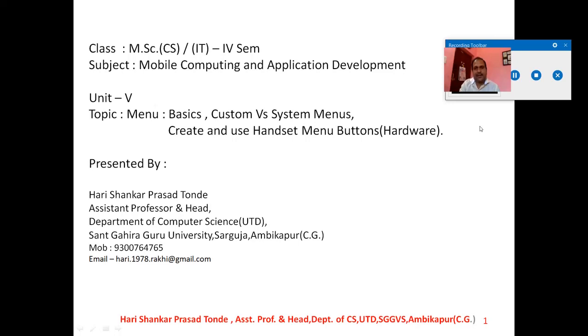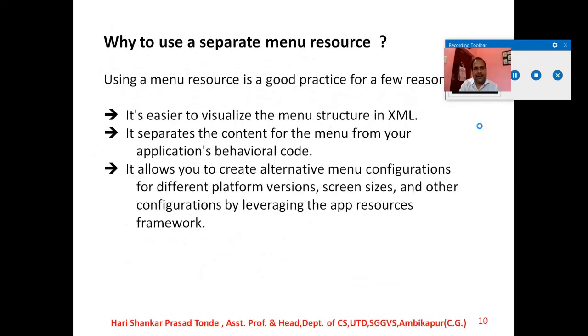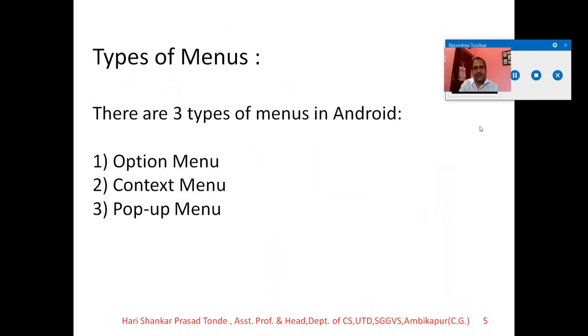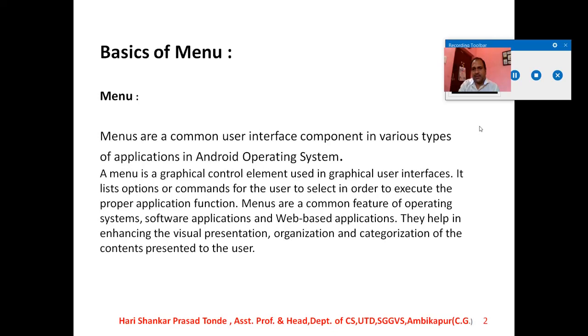It is very natural to know the basic concepts regarding the various types of menus. So before starting the menu, let's see what actually a menu is. Why? Because it is very important to know what we are going to discuss. We first know about the topic.